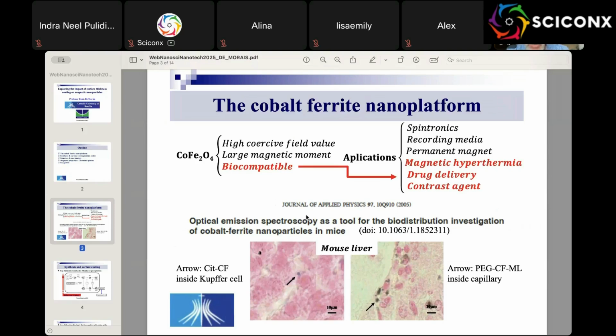However, due to the high coercive field value and large magnetic moment, this material can also be used in spintronics, recording media, and to fabricate permanent magnets.